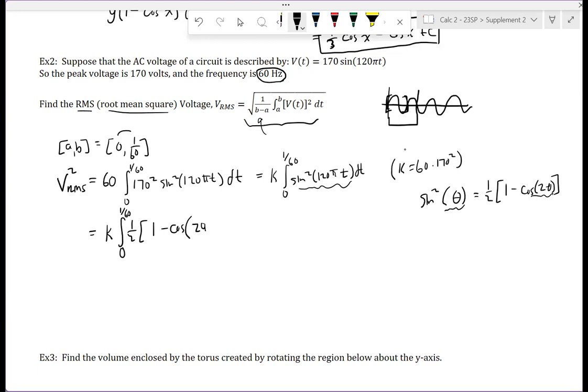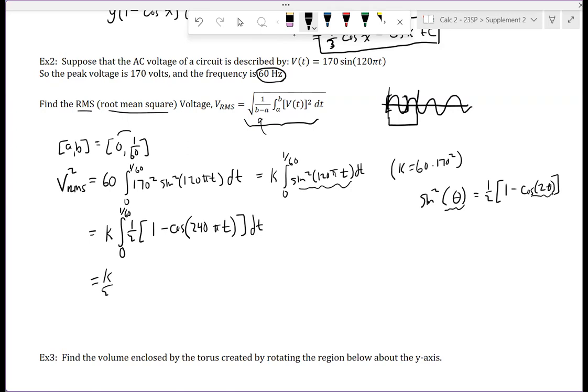So we'll say that's 240 pi t dt. Outlook loves to change my 4s into 9s. 240 pi t dt. Okay, so we end up with what?